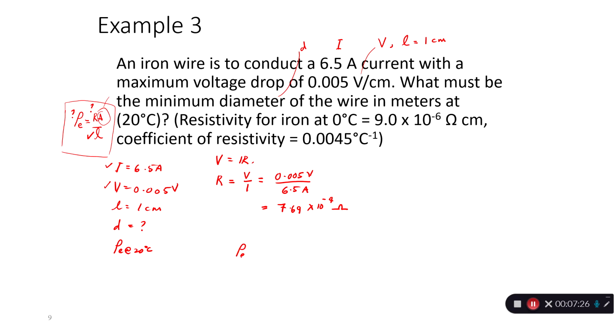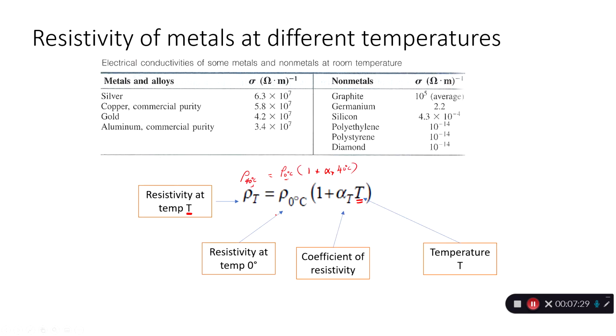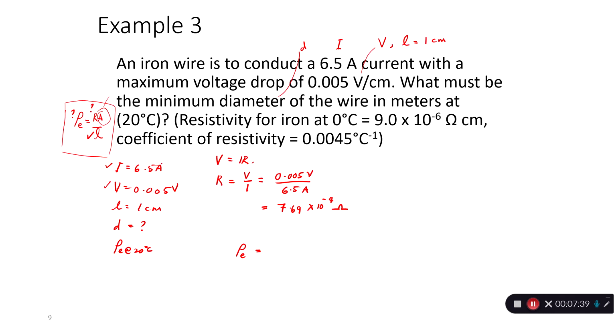We use the formula that we have from the previous slide. The resistivity at 20 degrees is the resistivity at 0 times 1 plus the coefficient times the temperature. So just plug in what we have.